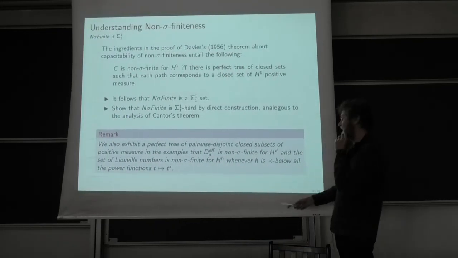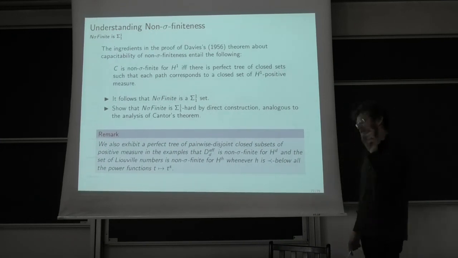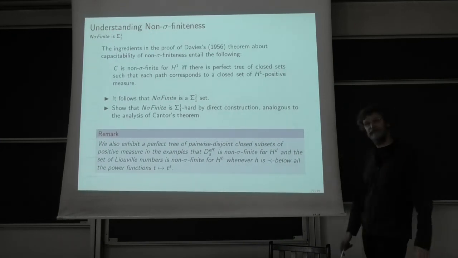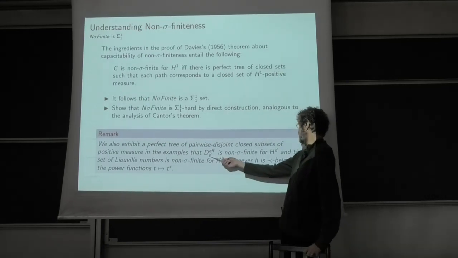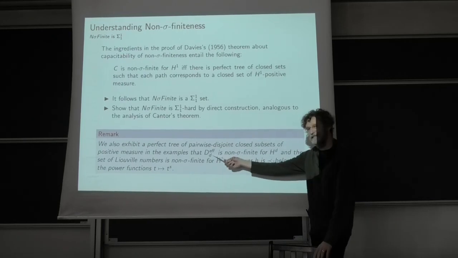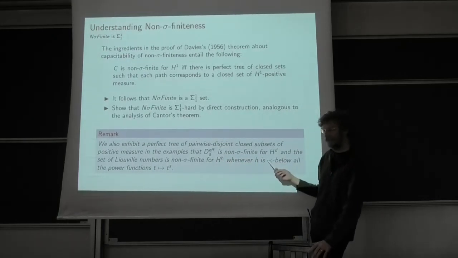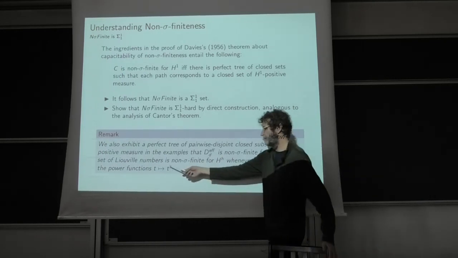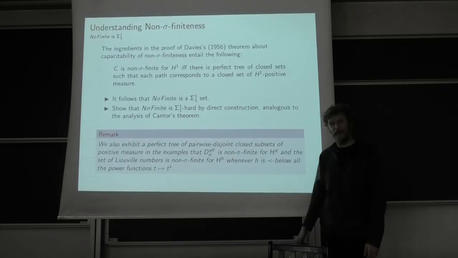Okay, and I should say, we gave two examples of places where sets were not sigma finite. Exactly the way that we show that this set is not sigma finite, the set of things that have effective dimension D is not sigma finite for the d-dimensional Hausdorff dimension, and the set of Liouville numbers is not sigma finite for any h which is below all the power functions.